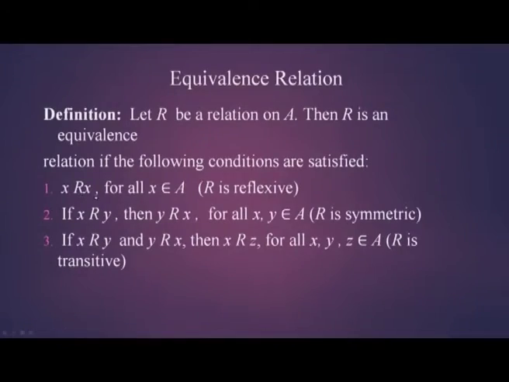x related to x for all x belonging to A, that is R is reflexive; if x is related to y, then y is related to x for all x, y belonging to A, that is R is symmetric; if x is related to y and y is related to z, then x is related to z for all x, y, z belonging to A, that is R is transitive.